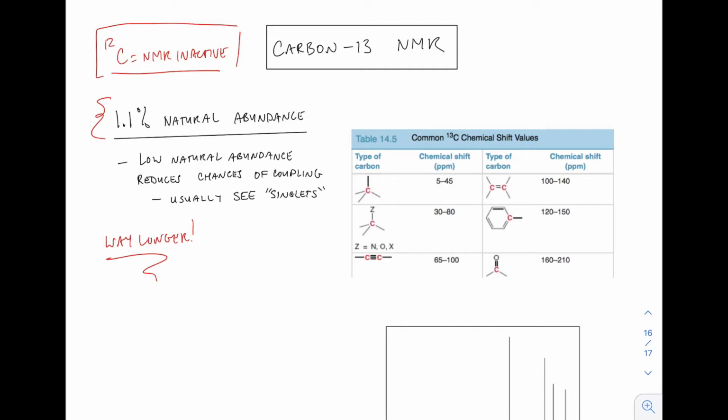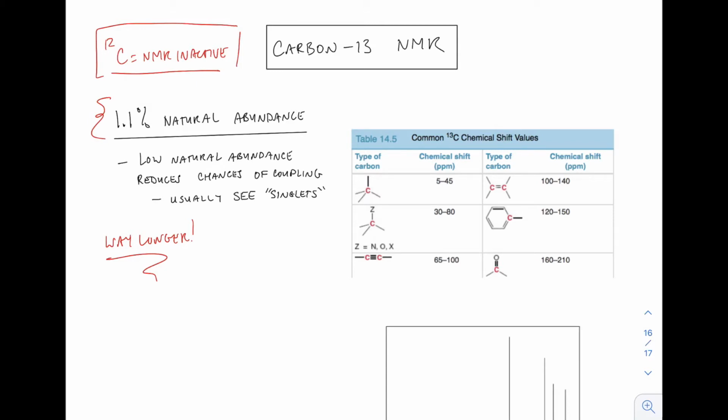You can literally grab it in seconds, whereas sometimes a carbon NMR can take days or even longer than that. So in terms of practical applications, they're not the best. However, they are extremely instructive, and like I said before, luckily they are very similar to proton NMRs in the way they function.